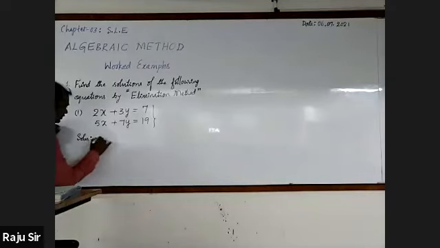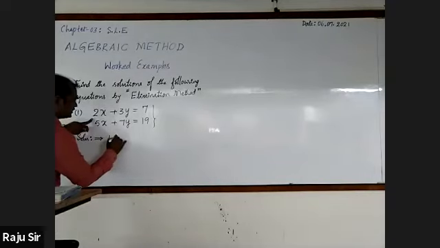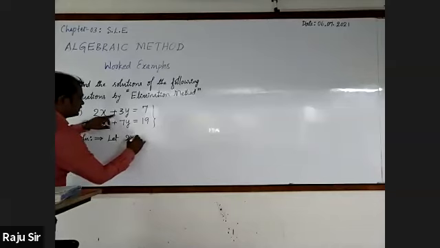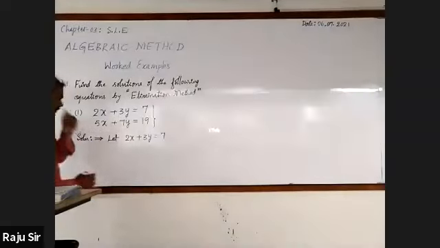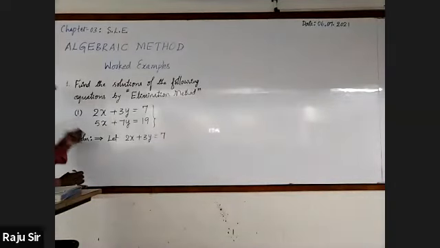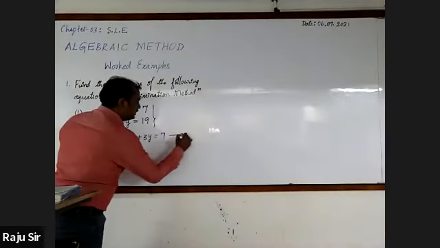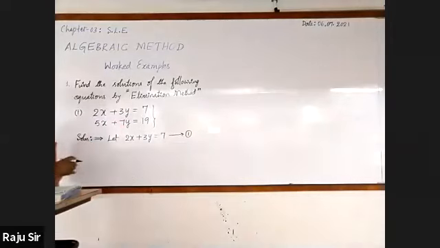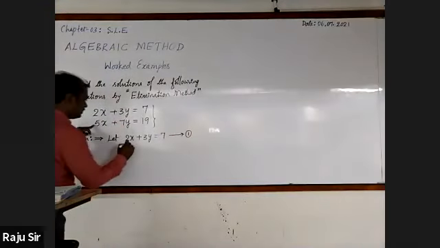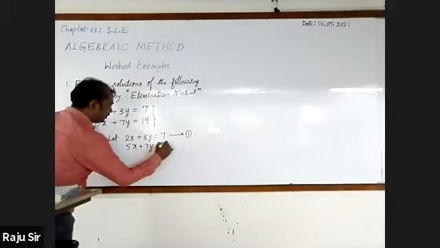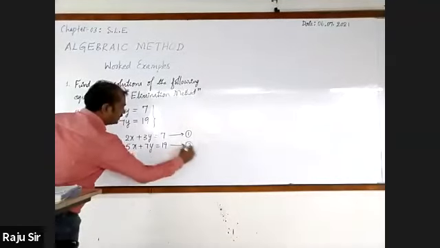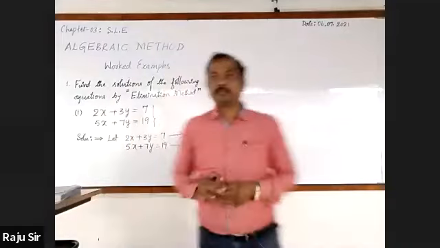Let 2x plus 3y is equal to 7. Call it as equation 1. Next, 5x plus 7y is equal to 19. Call it as equation 2.